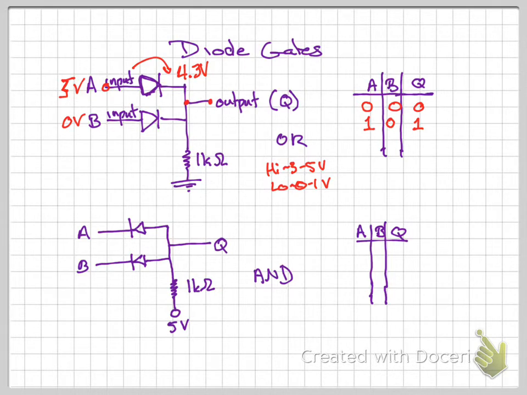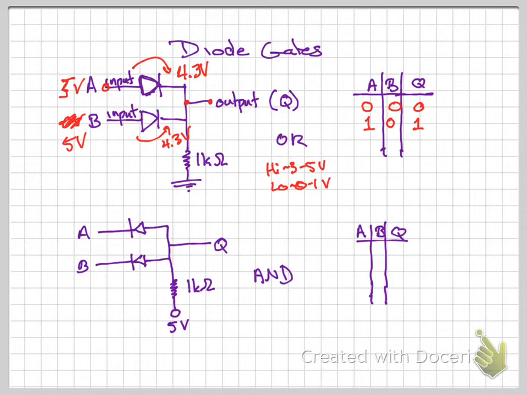So that's still high, and the output's 1. And then you can imagine if I put 5 volts on B, what are we going to get? We're going to have 4.3 volts on that side of B. And we have two 4.3 volt power supplies in parallel, which is just 4.3 volts.